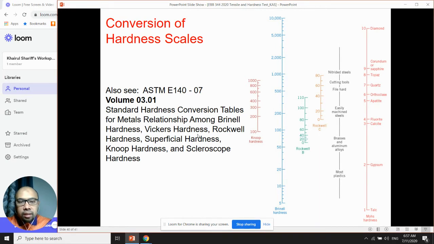Therefore, this conversion table is really important. Although your boss asks for the Knoop measurement, you can use the Vickers instrument, and later when you get the data, you convert it into the Knoop scale.